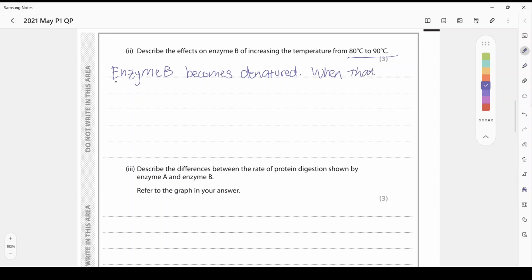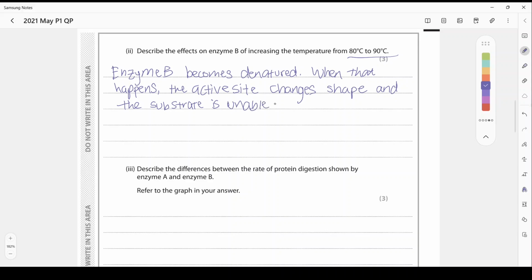When that happens, the active site changes shape and the substrate is unable to fit into the active site.